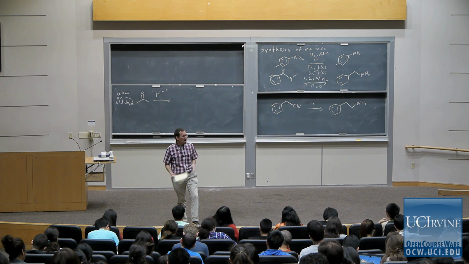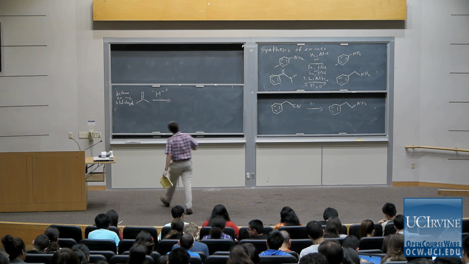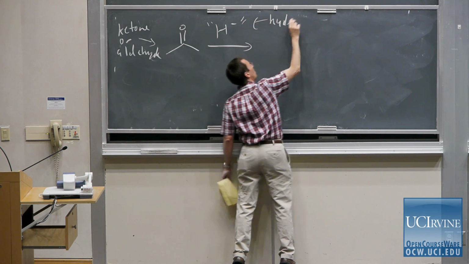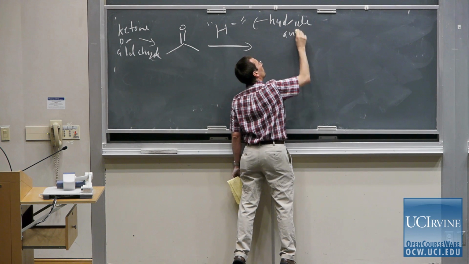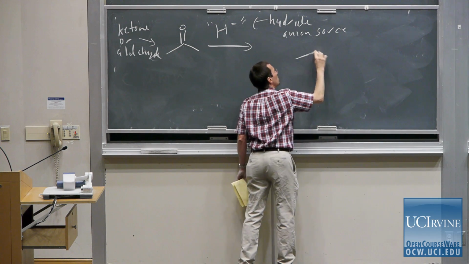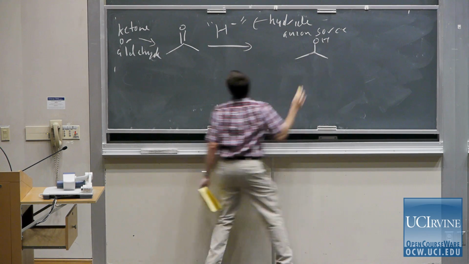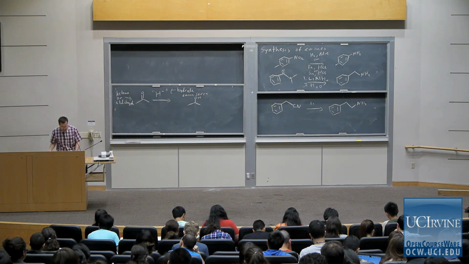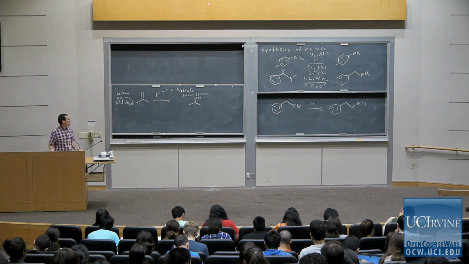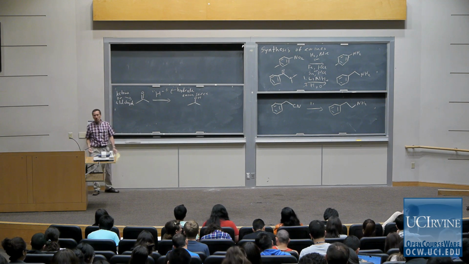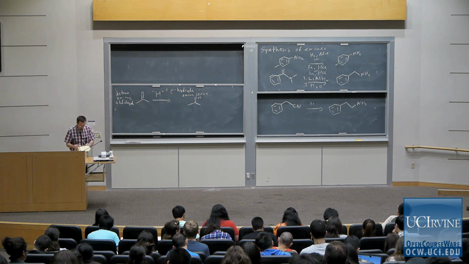But if we take some hydride source, I'll write this as hydride source, just so you have it for your notes. Of course, after some sort of aqueous workup, you reduce your ketone or your aldehyde to an alcohol.